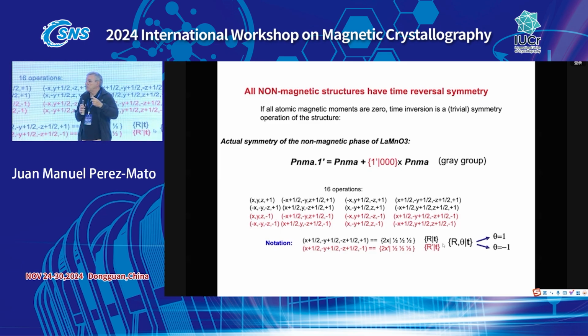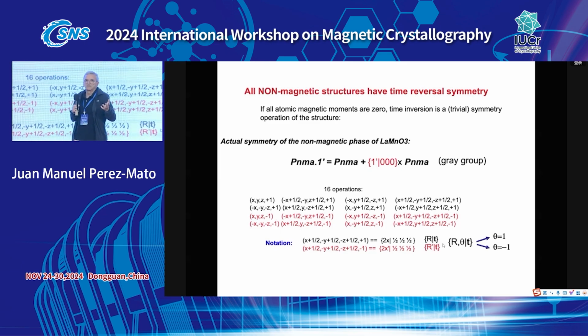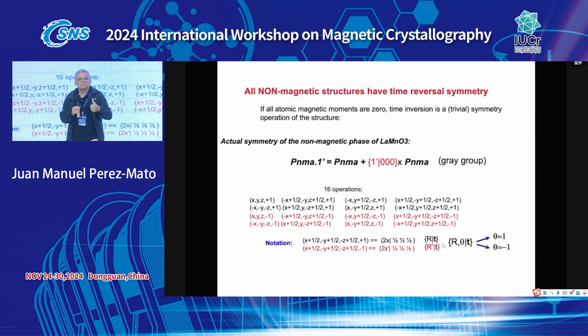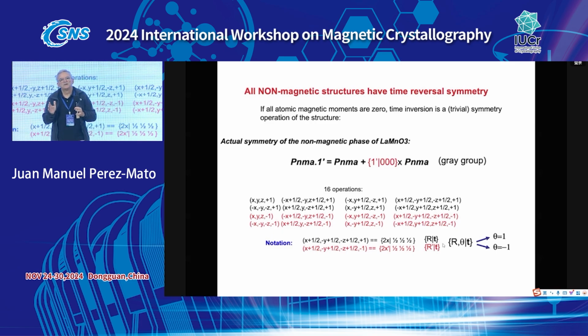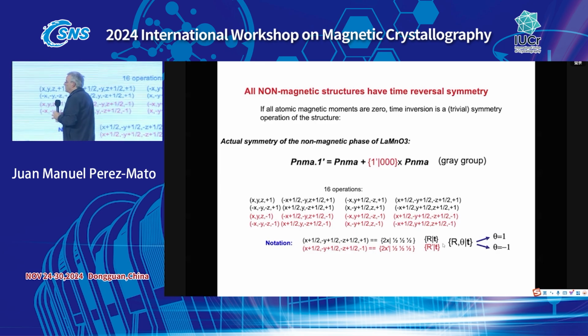Time reversal, this is a conventional notation, we put it as 1', and the translation is 0, okay? And what is the meaning of this operation? We just go to our structure and switch the signs of all the magnetic moments that the magnetic structure has. That's what we have to know about what time reversal does in a magnetic structure, just switching the orientation of all the spins.